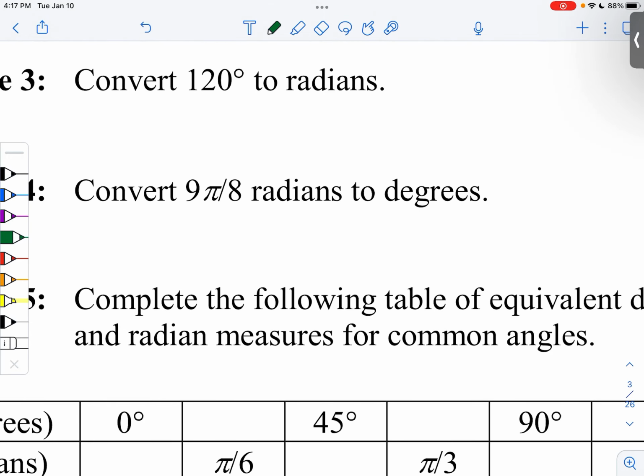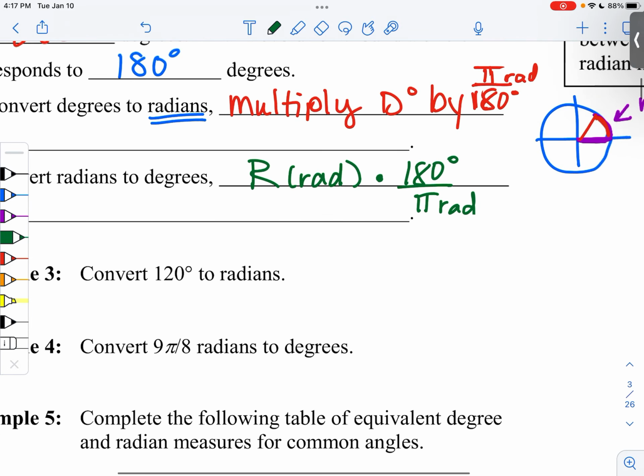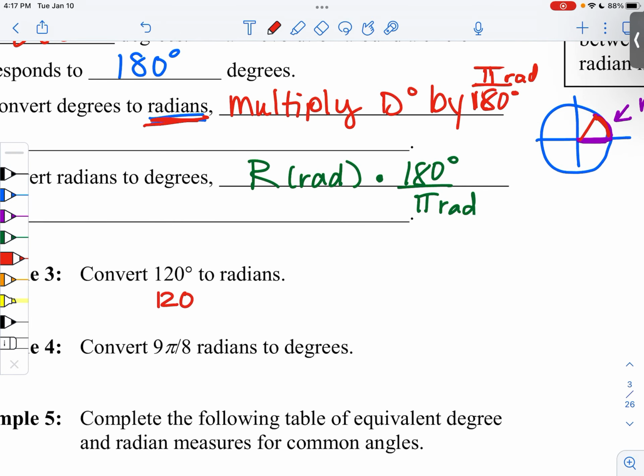To convert 120 degrees to radians, we're going to use this here. We're going to take our original 120 degrees and multiply by pi radians over 180 degrees. When I do that, degrees divided by degrees cancel. I know 120 and 180 can divide by 10, cancels out the 0.